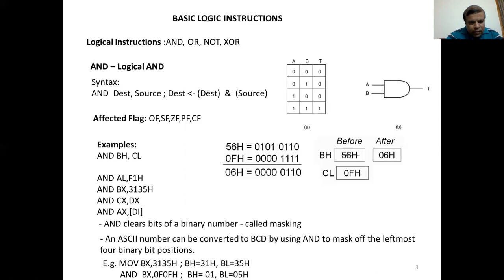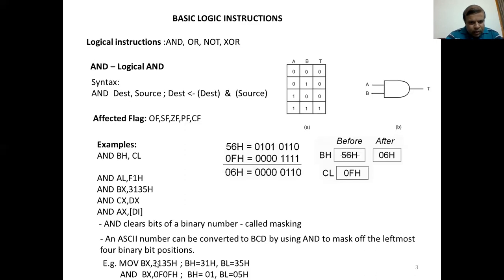This lower byte 0F will mask the lower byte of the BX register. That means this 3 will become 0. Similarly, this 5 byte 0F when ANDed with 31 will mask off 3.